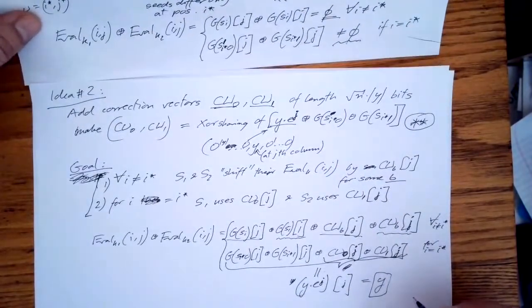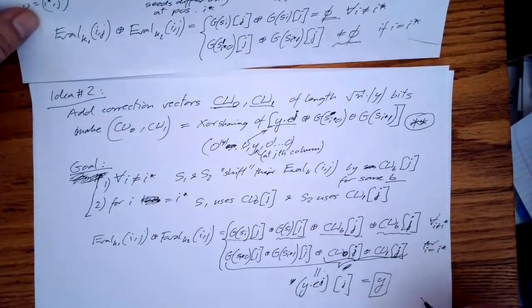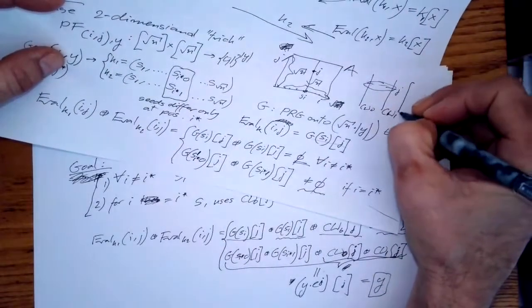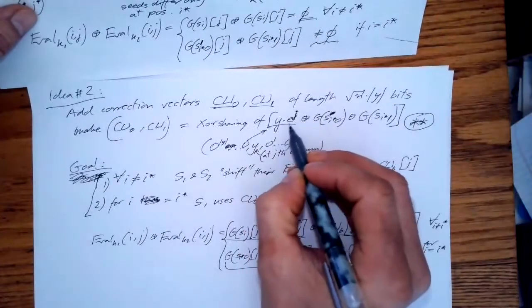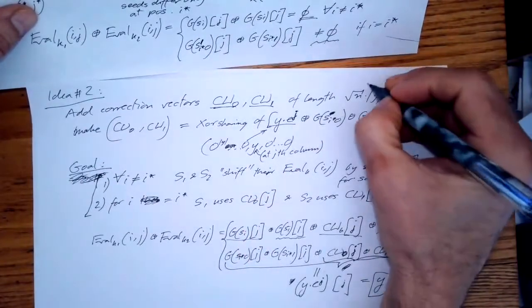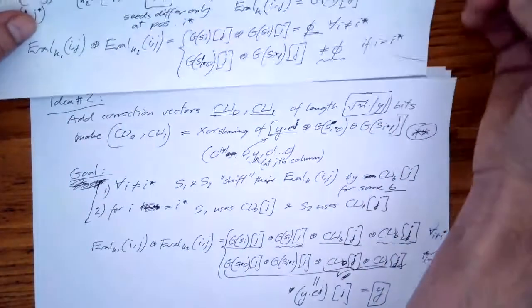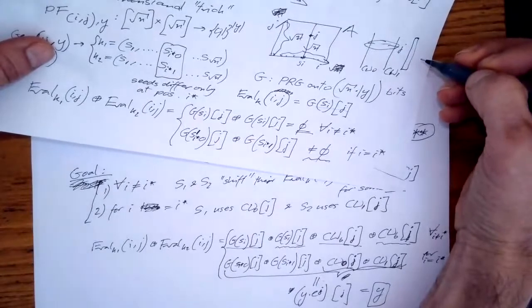Oh, okay. So we are giving them the correction vectors for every J. Yes, the correction vector is as long as the square root of the number of entries. They correspond to a whole column.